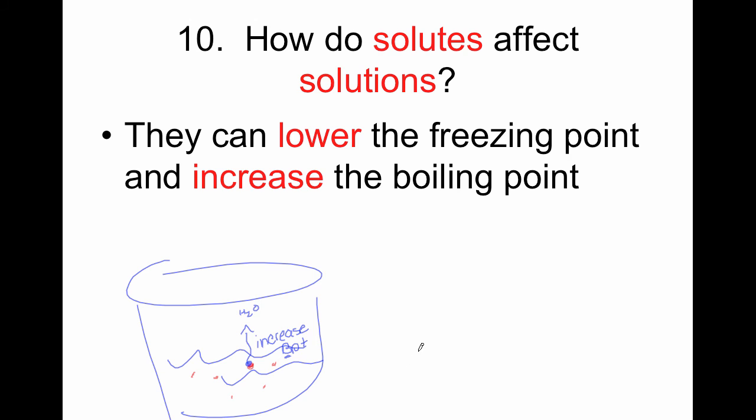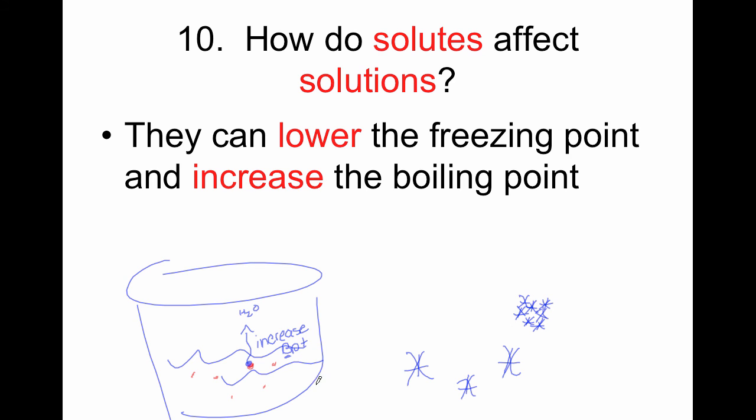Now the same thing happens when ice forms. You have snow falling on the ground. Well, we know that snow is a crystalline solid, and so the particles like to form crystalline structures and make ice.